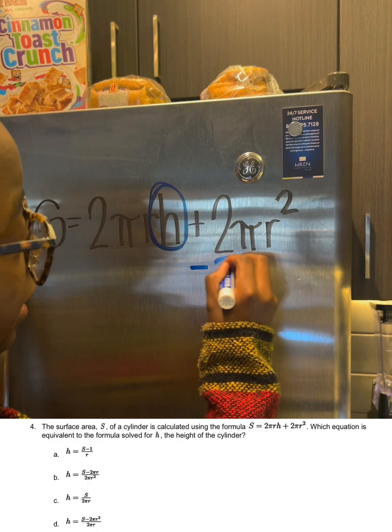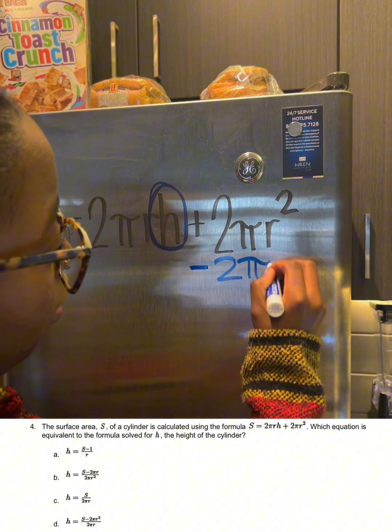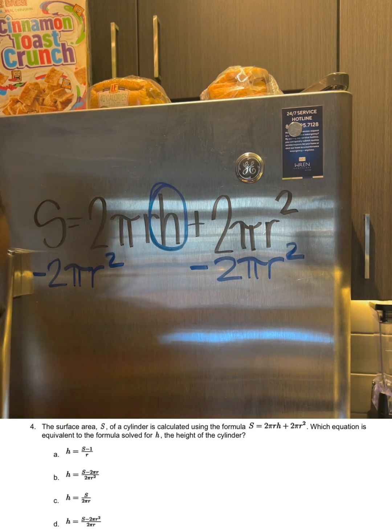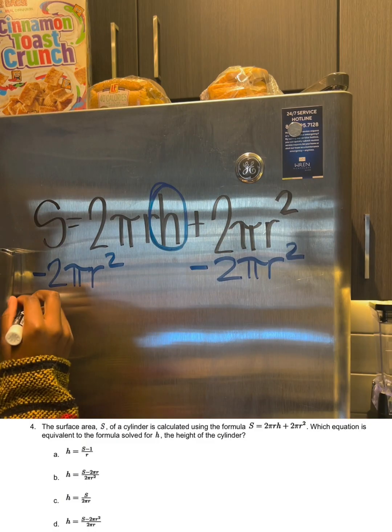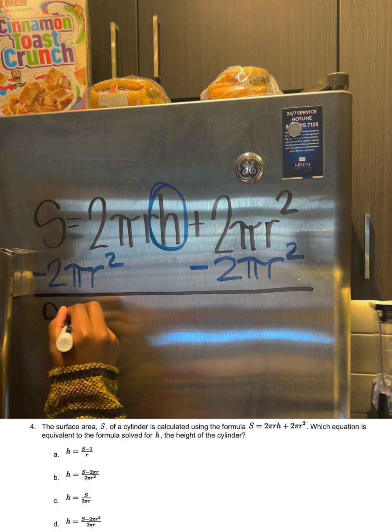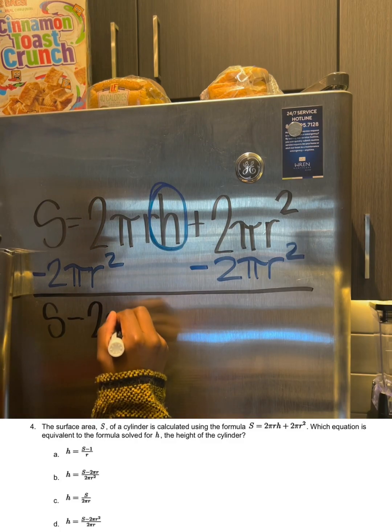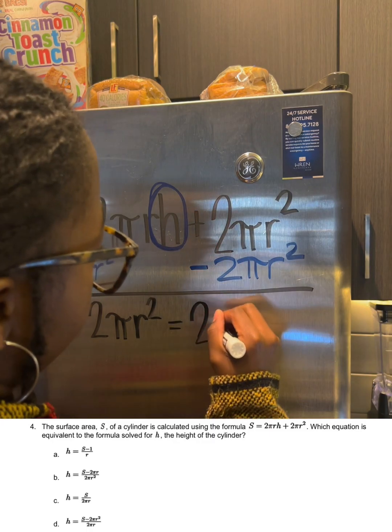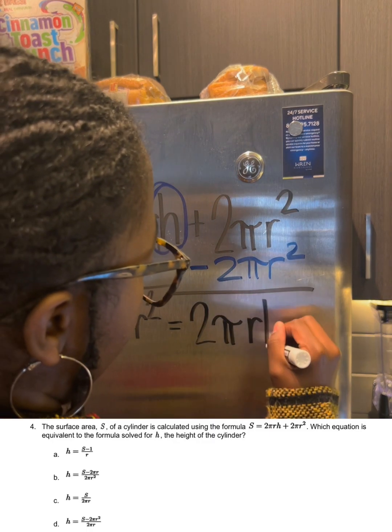So I'm gonna subtract the entire 2 pi R squared. Now, this is an S. This ain't no S. So I can't combine those two. So I just say S minus 2 pi R squared equals 2 pi R H.